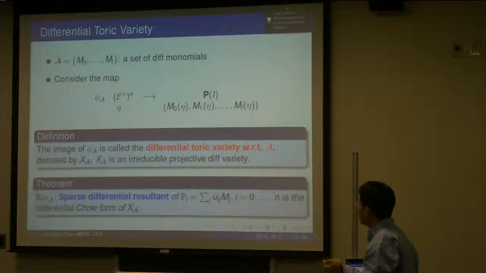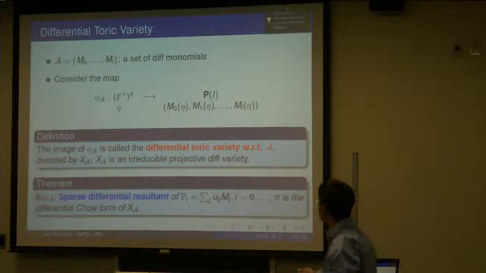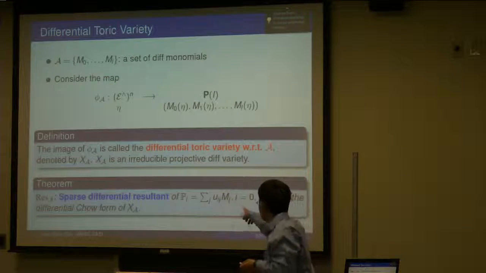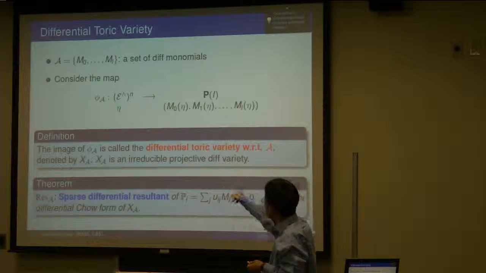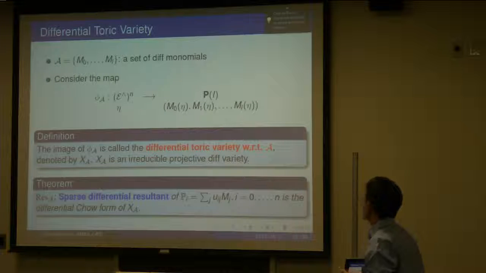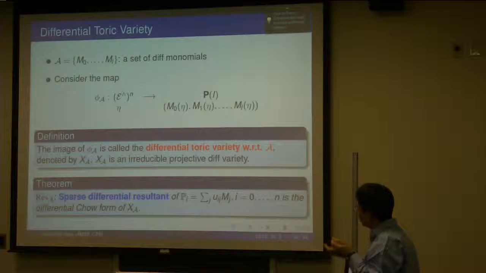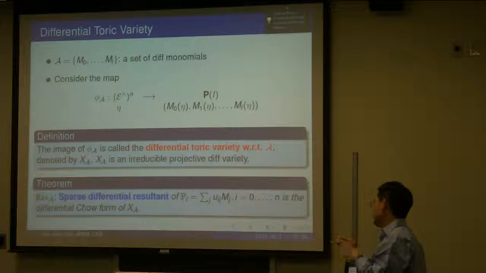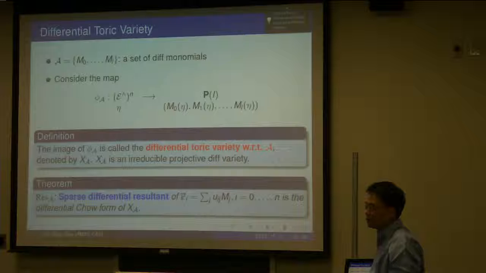We can prove that the differential resultant with that support is the differential Chow form of this variety, which can be proved to be an irreducible projective differential variety. That's how we connect the two. So basically, the sparse resultant is a Chow form of a Toric variety. That's the connection.